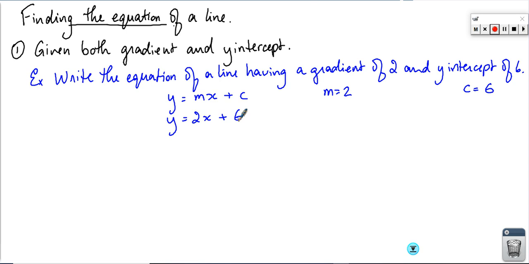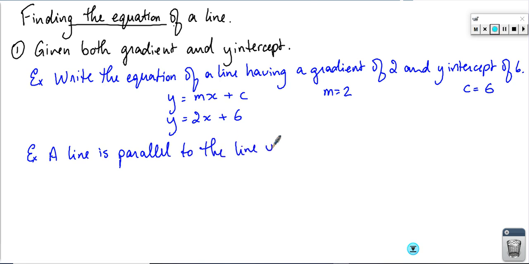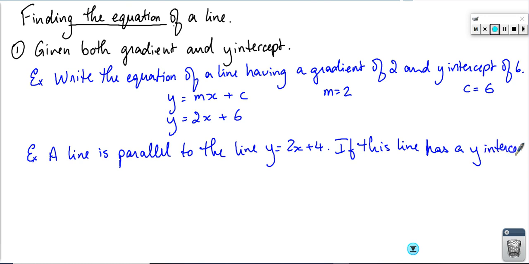Sometimes you are given the gradient and y-intercept, but a little bit hidden. For example, a line is parallel to the line y equals 2x plus 4. If this line has a y-intercept of 7, what is this equation?